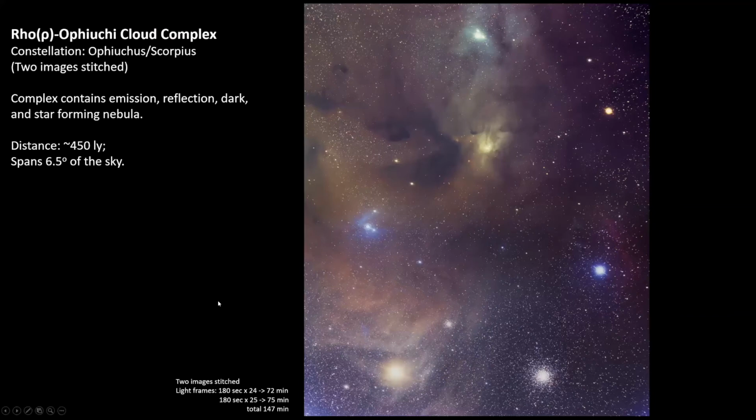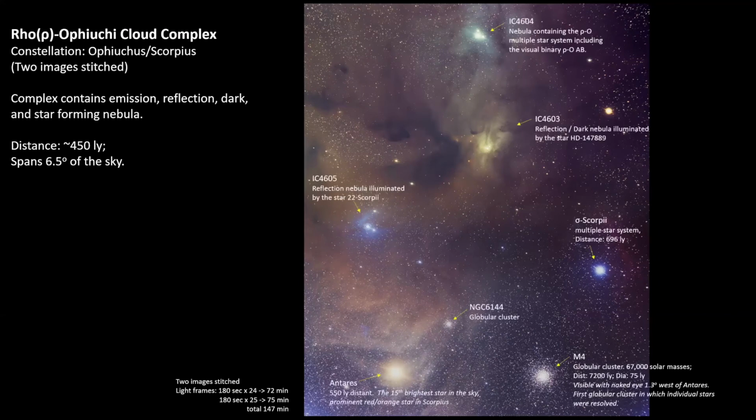I don't have a whole lot of interesting things to say about this image, except for the fact that it's gorgeous, and there's a whole lot of things going on. This field of view is quite large. It's actually 2 images stitched together, so we're looking at about a 3 by 4.5 degree field of view.